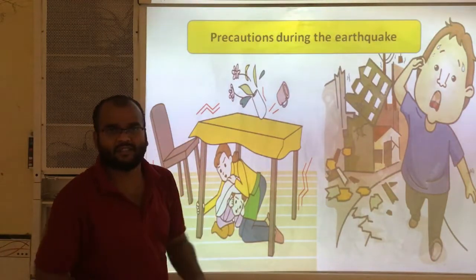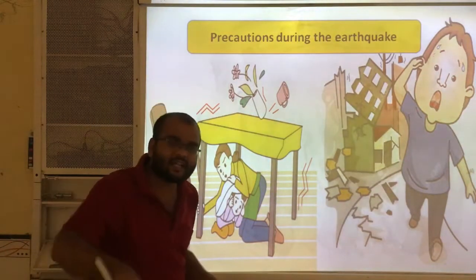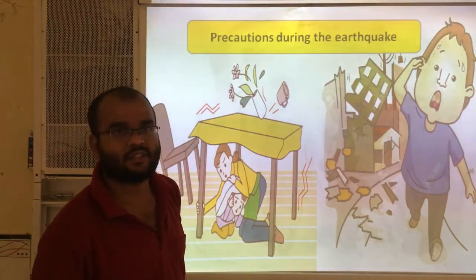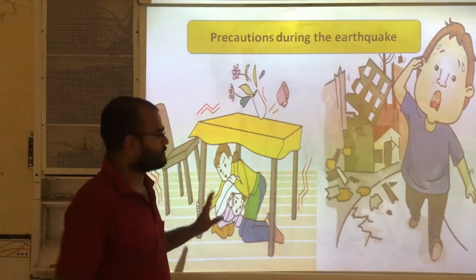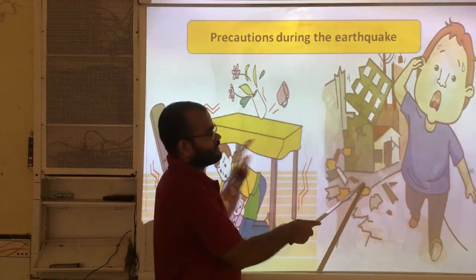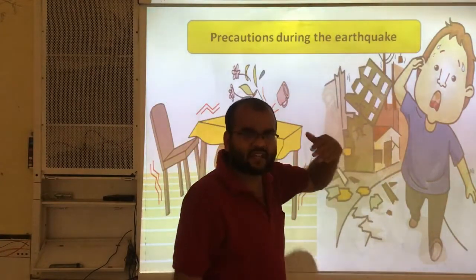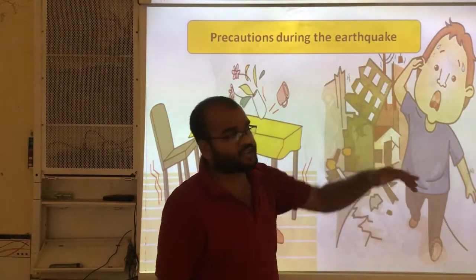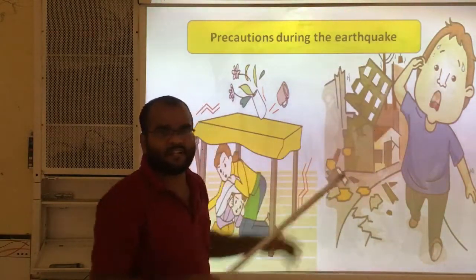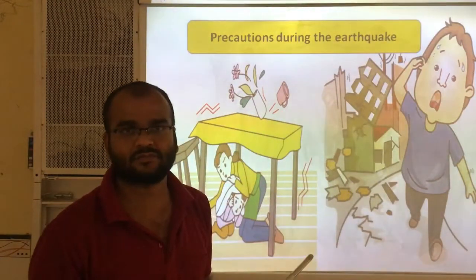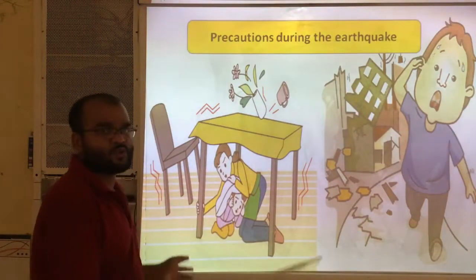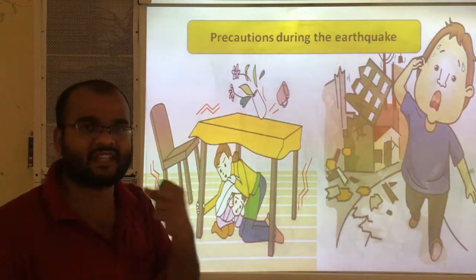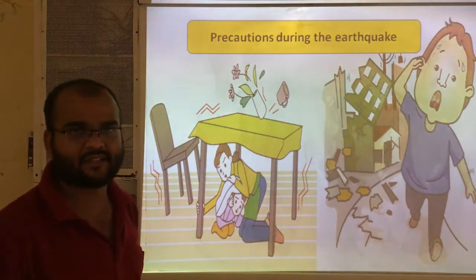Hide under the tables, then we can protect a little bit. Next, if it is possible, just escape outside. Go to any empty place, open area. By doing these two things, we can save ourselves from the earthquakes.